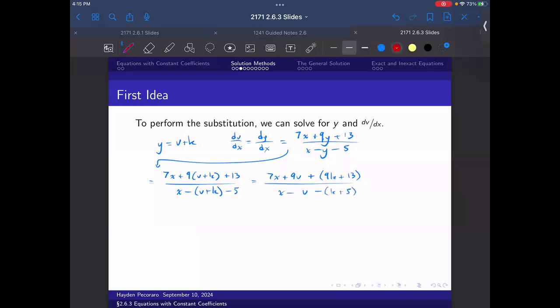All right. So if this is going to be equal to 0, we can now solve that for k. So we've got 9k equals minus 13, and so k.